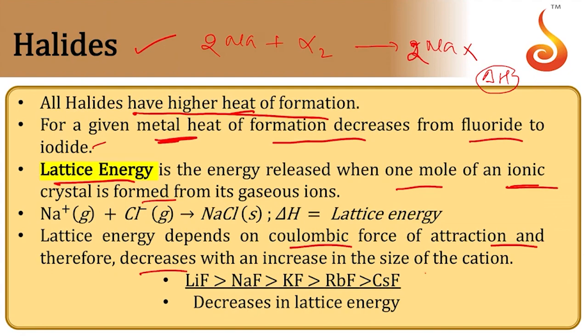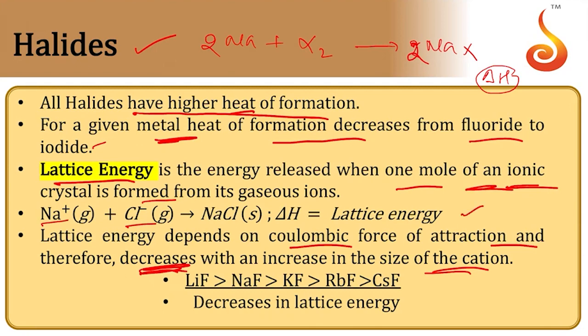Lattice enthalpy decreases with the increase in the size of the cation, because the Coulombic force of attraction depends upon the size as well as the distance between the ions. So lattice enthalpy is mainly the energy given out when 1 mole of ionic crystal is formed.